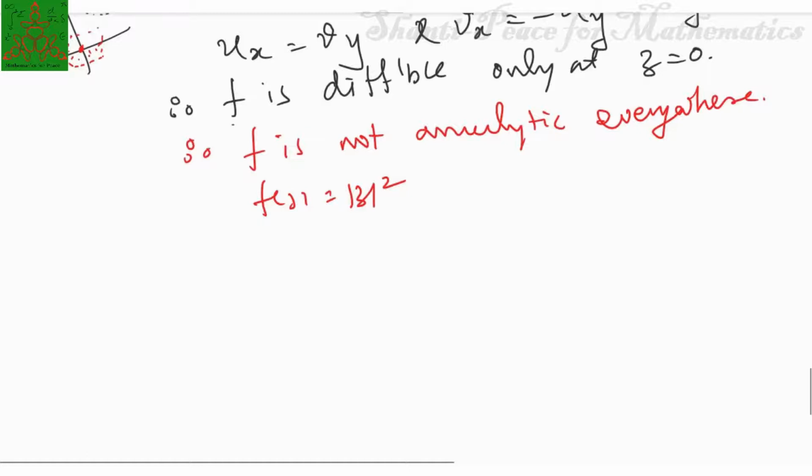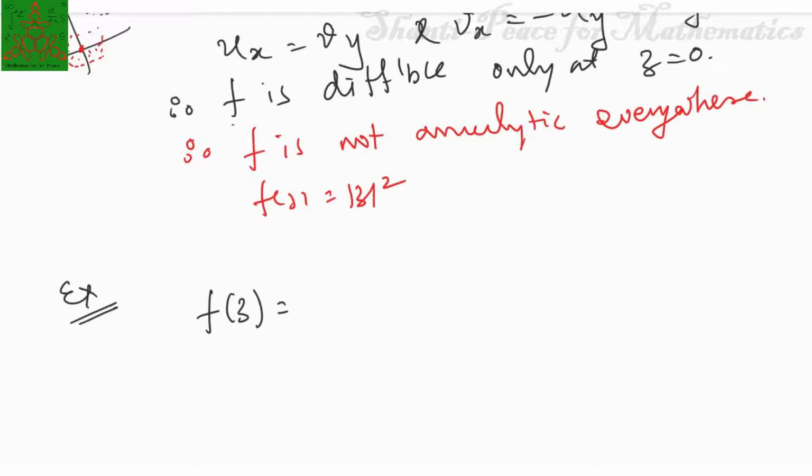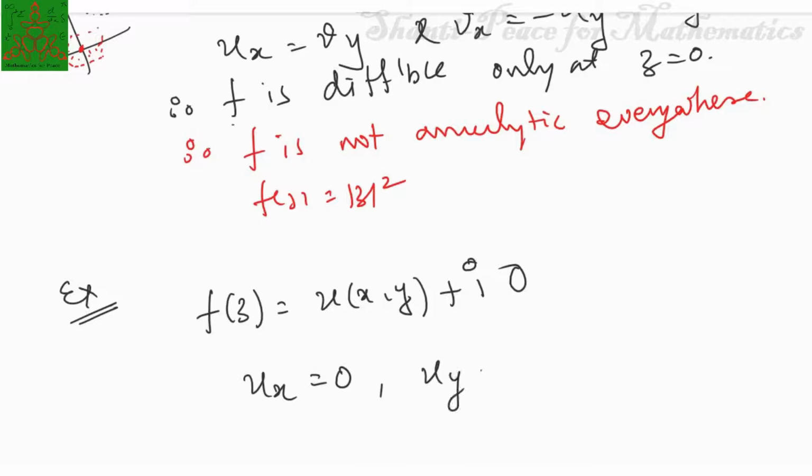Now this example also tells me something regarding the generalization of this problem. If you have a complex valued function f of z which only has a real component and its imaginary component is 0, for example of the form u of xy plus i times 0, so it is a real valued function, then obviously you will have vx is 0 and vy is 0 if you want the CR equations to be satisfied.